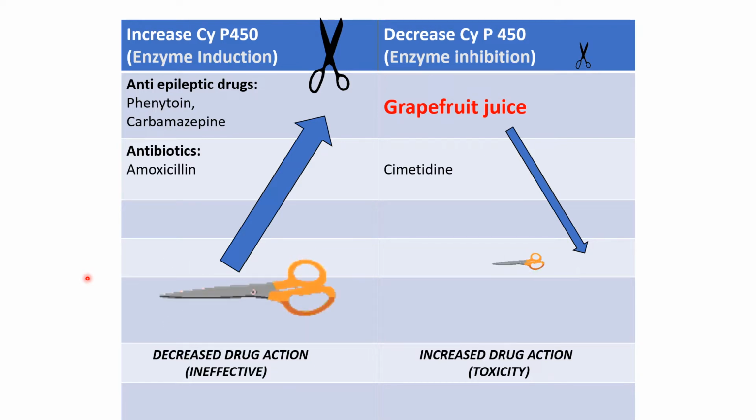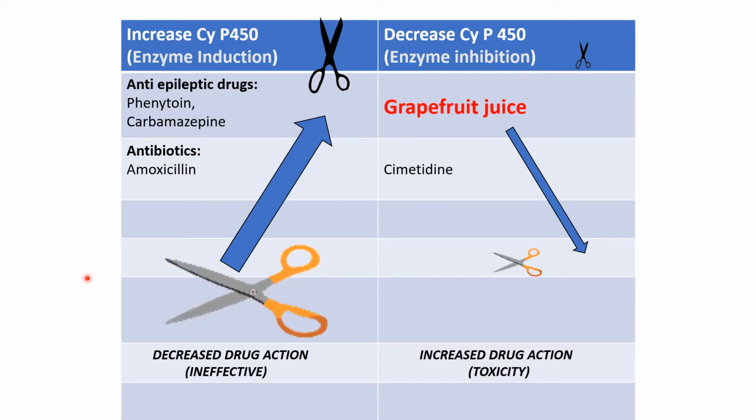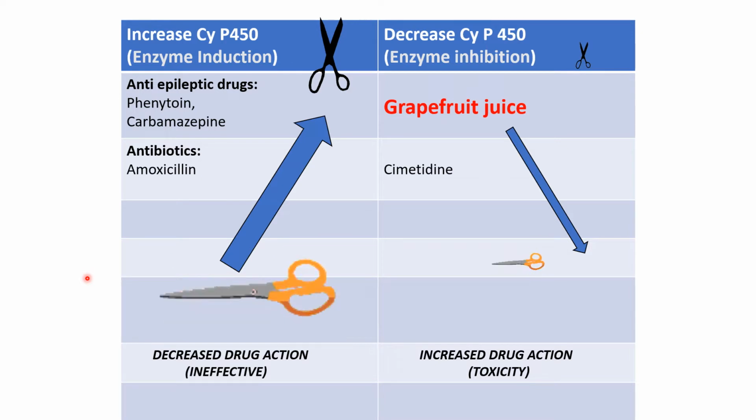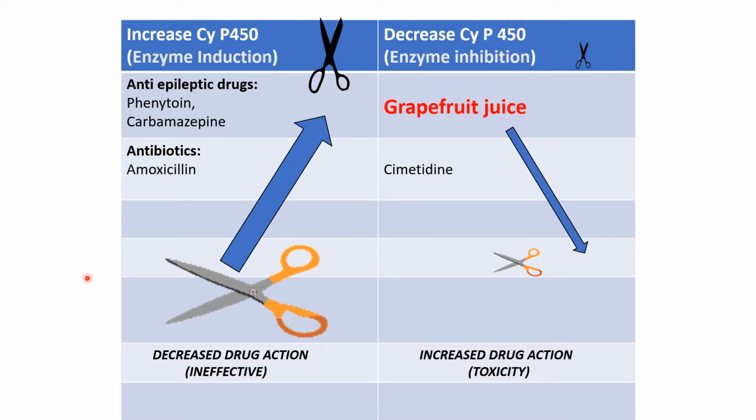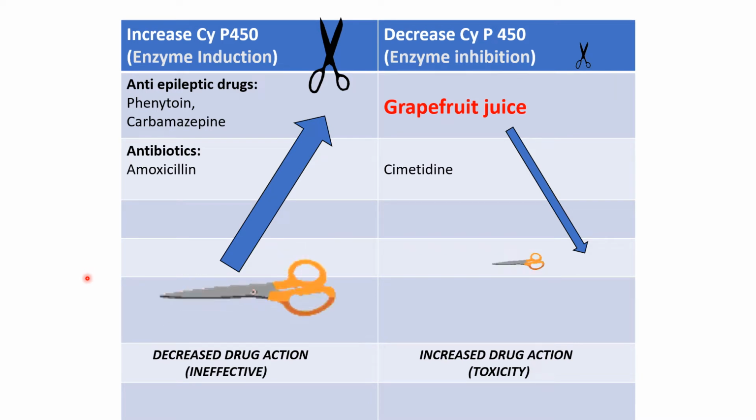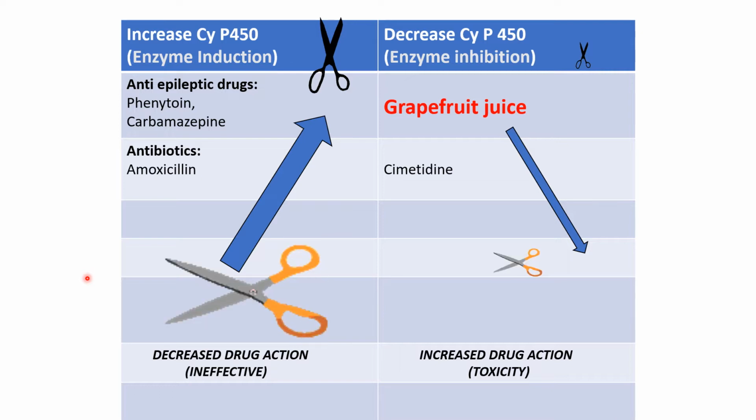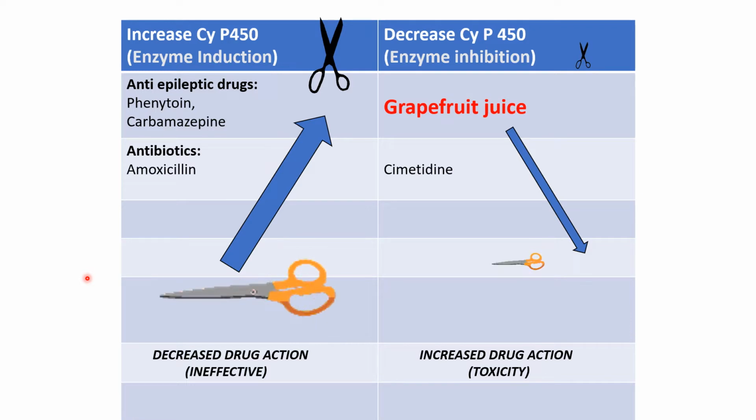Exactly, not all, but the big majority. So if it is given orally, this biotransformation is going to occur first. If it is given parenterally or through the sublingual route, this metabolism or biotransformation is going to be delayed until after the medication reaches the systemic circulation and reaches the site of action. So this biotransformation occurs later.